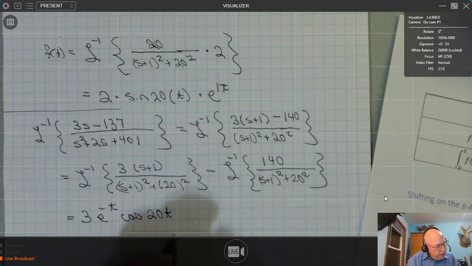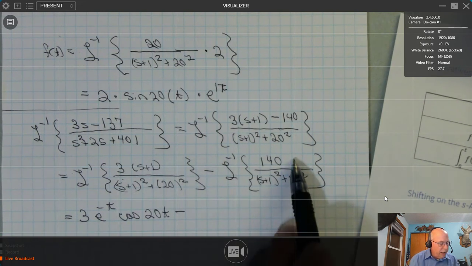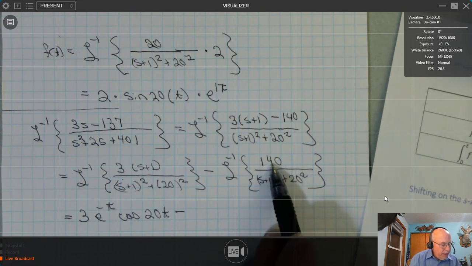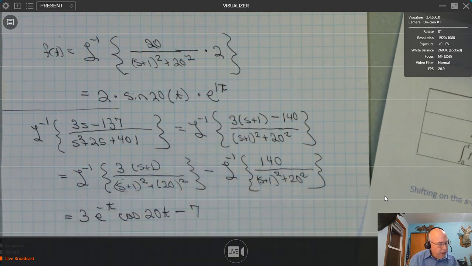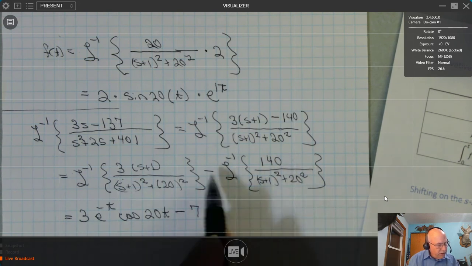And this one, well, this is a little bit messy. What we'd really like is to have a 20 here. And you can get it. 140 divided by 20 is 7. So you factor a 7 out, and then you'd leave the 20 in and say the inverse transform of that.